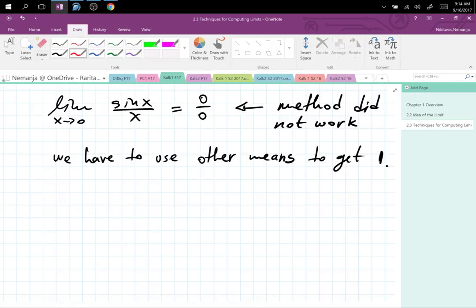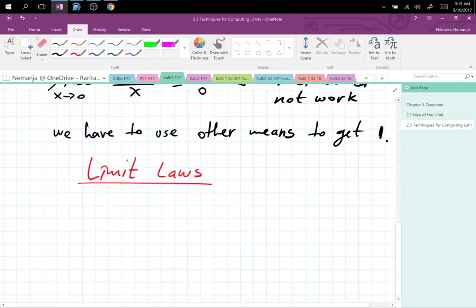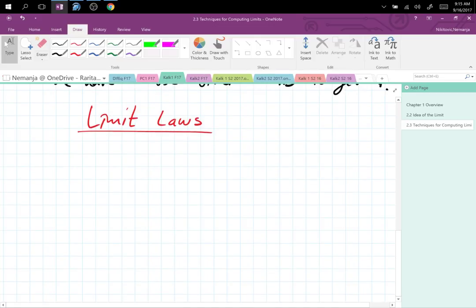So first we're going to take a look at these limit laws, which will be helpful in certain cases to solve these limits. Since this is not the honors section for Calculus 1, we will not be proving these, but the proofs are very easy, looking at 2.7 later on.